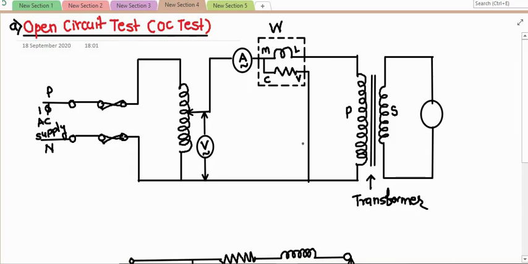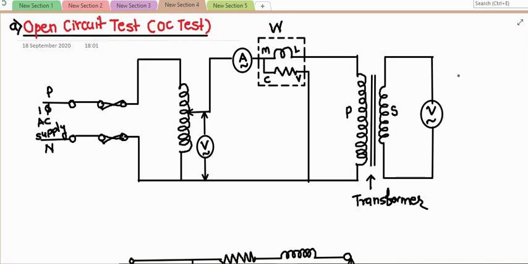However, if you have to determine the turns ratio of the transformer, then you have to connect one voltmeter across the secondary. So this is again one voltmeter. If you keep the secondary winding of the transformer open, then it is also okay. But if you have to determine the turns ratio, then we have to connect one voltmeter across the secondary.